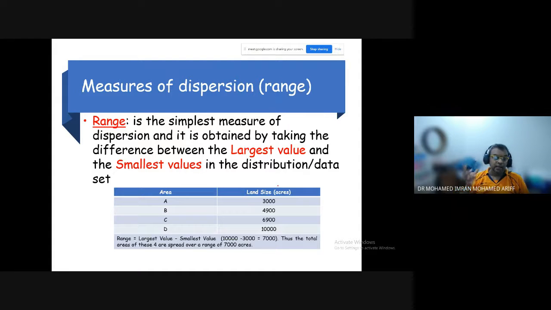So you can get the range of the areas that you cover. Or if you want to go back to student, so you want to get the range of students yang menjawab soalan you, so you can take the highest age minus the lowest age, then you can get the range between what is the age range that you menjawab soalan you.